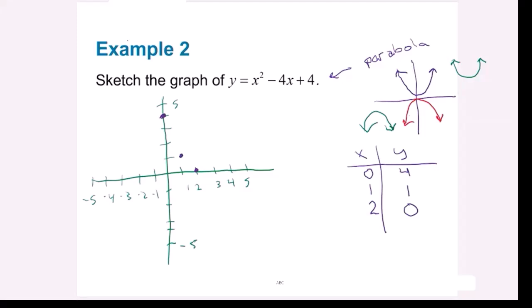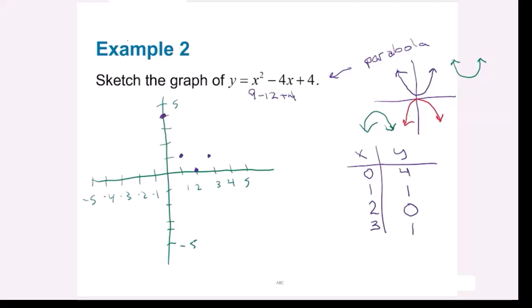It could go below the x-axis. So let's plug in 3. When I plug in 3, I get 9 minus 12 plus 4. 9 minus 12 is -3 plus 4. That's 1. Notice now I'm starting back up.